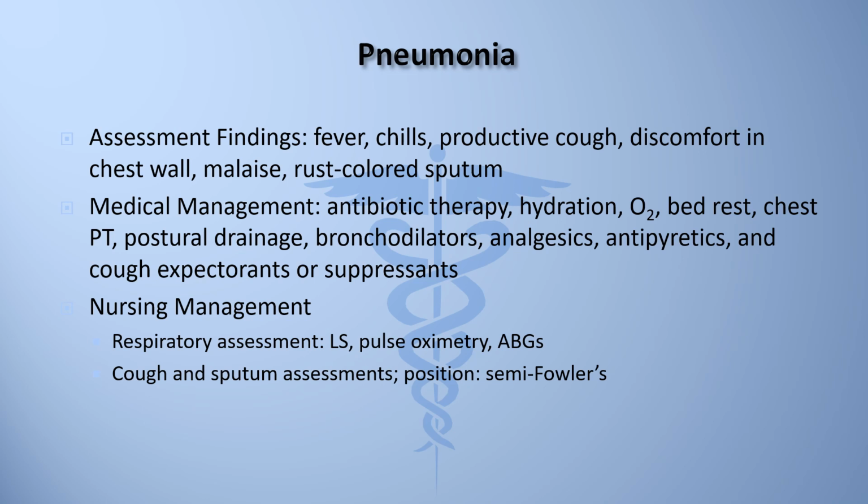People that are at risk would be your elderly, your hospitalized, your intubated patients, the immunocompromised patients, patients that are smokers, and your immobilized patients. Assessment findings: for bacterial, it's usually sudden, and you can have fever, chills, productive cough, discomfort in the chest wall, malaise, and a rust-colored sputum.